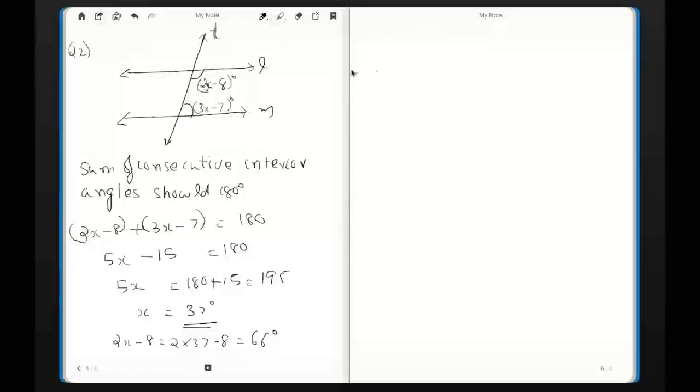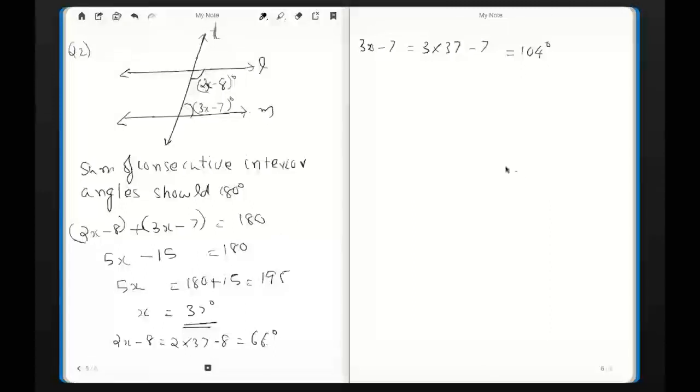And what will be 3x minus 7? 3x minus 7 will be 3 into 37 minus 7. 37 into 3 is 101, right? 101 minus 7 will be 104 degrees. So 104 plus 66, something is wrong.